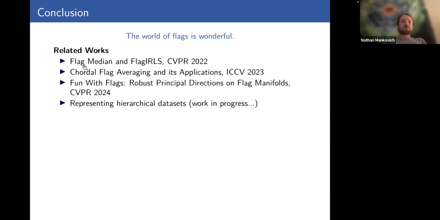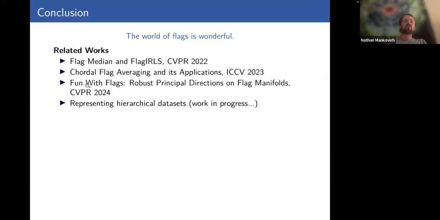So some of the related works: the first section was talking about subspace averaging, actually the flag median and flag RLS paper. We use the words flag median and flag RLS because we output a flag, but really we're doing subspace averaging. The second section, where we were averaging flags, is the chordal flag averaging paper, so we're averaging with respect to the chordal distance.